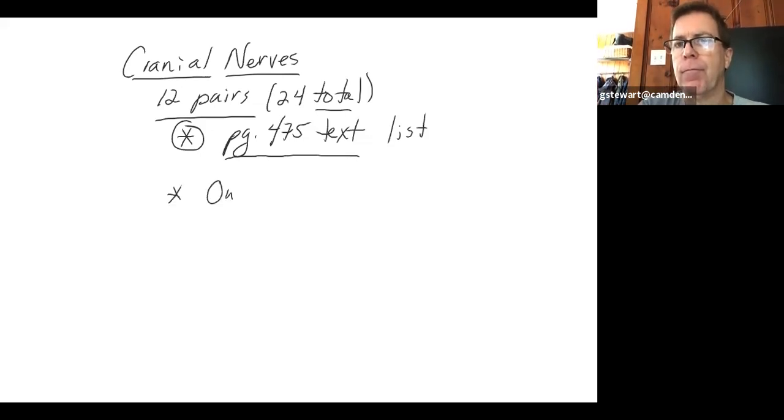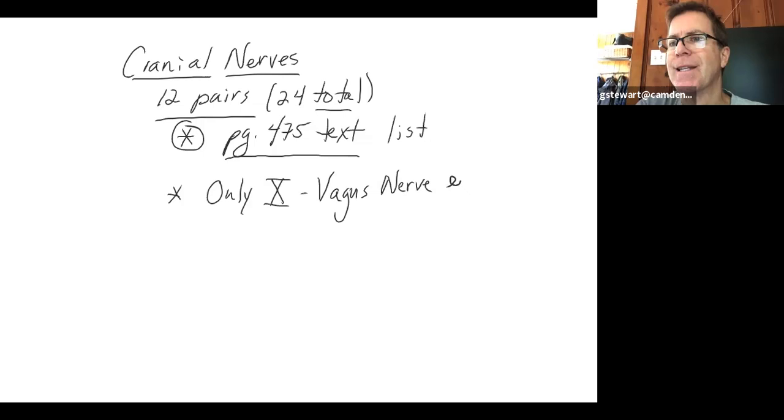This is worth noting and highlighting. Only cranial nerve number 10, which is called the vagus nerve, is the only cranial nerve that extends further than the head and neck.